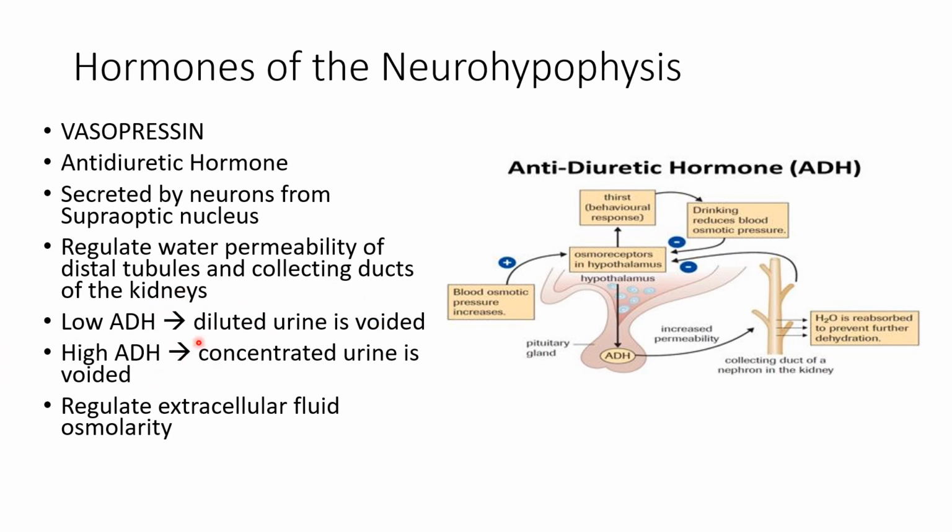Whereas if the level of ADH is high, the antidiuretic effect is heightened, so the urine you void is concentrated because the body is trying to conserve water. That is basically the trigger point for the release of antidiuretic hormone when there is low blood volume or water content of the body. So the primary role here is to regulate extracellular fluid osmolarity.